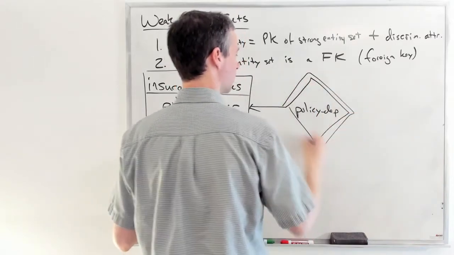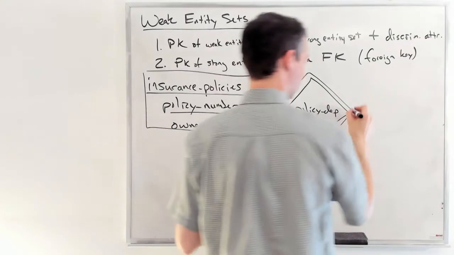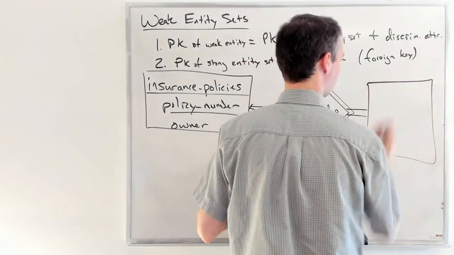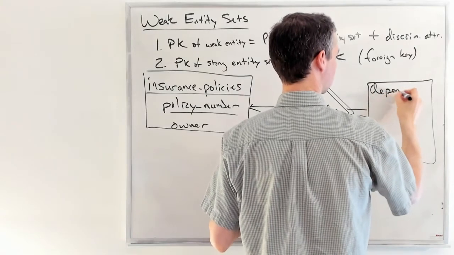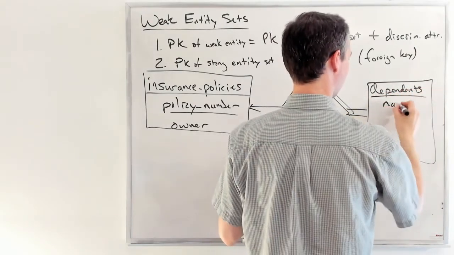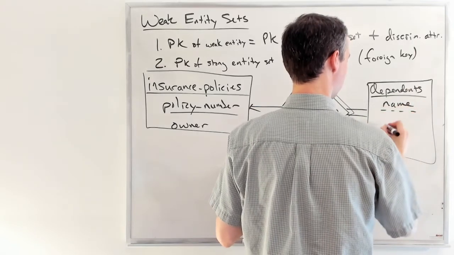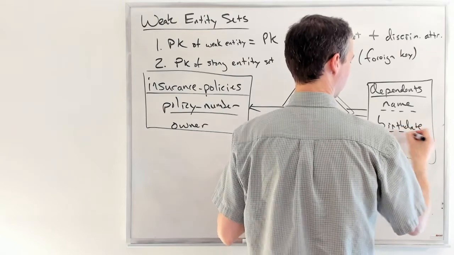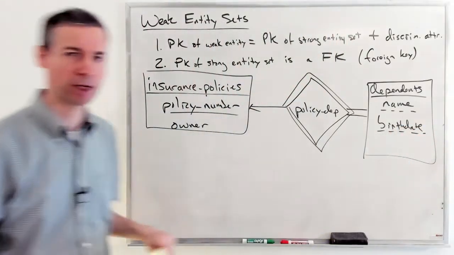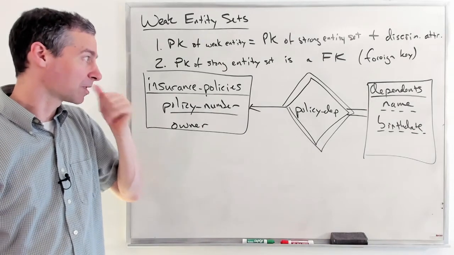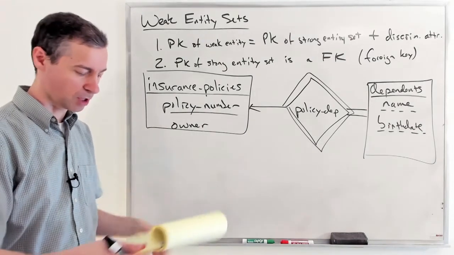It's a double diamond, with total participation of dependents. And we have our discriminating attributes, name and birth date. All right, this is where I wish I could copy and paste on a whiteboard. Anyway, so we've got this up here. Now we're going to translate it into schema.